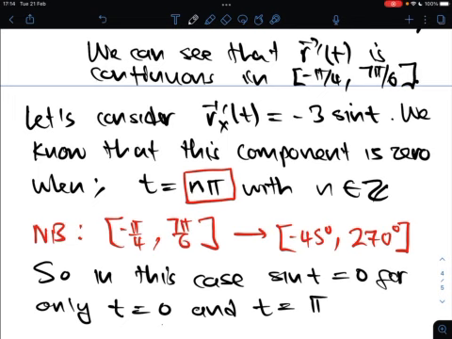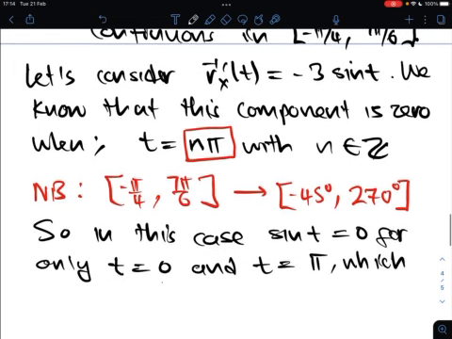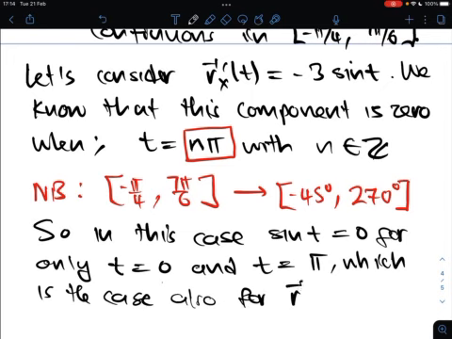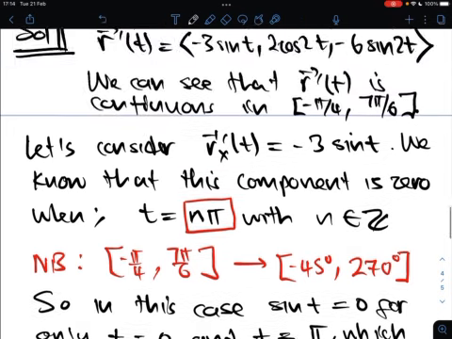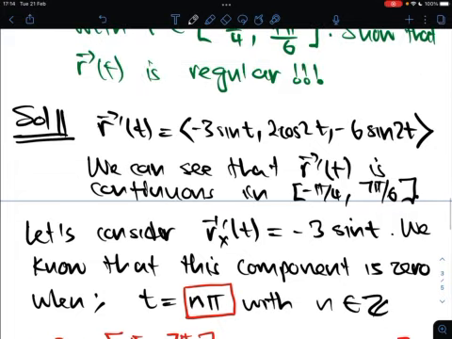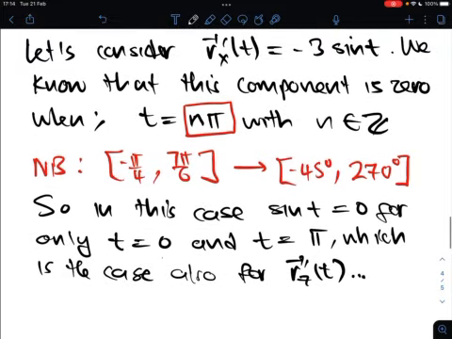That is the case also for r prime z of t. If you look now, you will see that the z component of the derivative is also dependent on sine, which means for these two values, 0 and pi, it's also going to vanish.